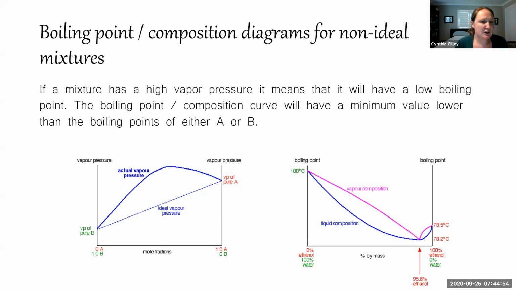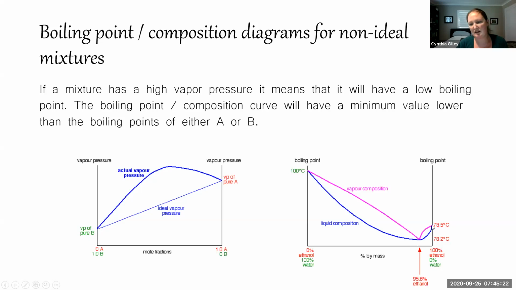So if a mixture has a high vapor pressure, it means that it will have a low boiling point, right? Because remember that those are inversely related. The boiling point composition curve will have a minimum value lower than the boiling points of A or B. Remember in this particular example, A is ethanol, B is water, okay? So the green over here, water, 100 degrees Celsius for the boiling point makes sense.